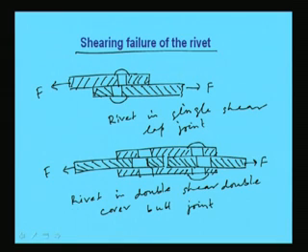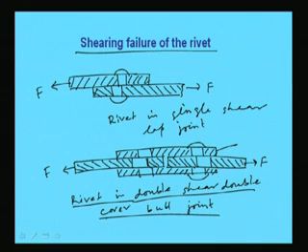Therefore, if the placement of the plates is like this, then it will fail under double shear, double cover, means double shear will happen, means shearing will happen because two covers are provided. So, accordingly when we calculate the strength of the rivet, we will consider this type of arrangement.